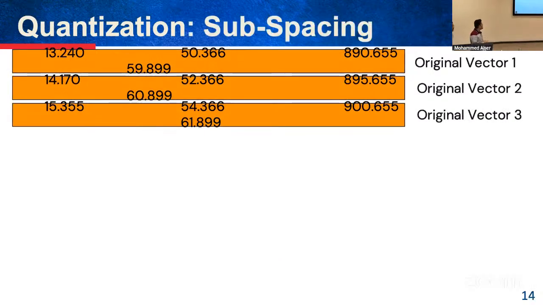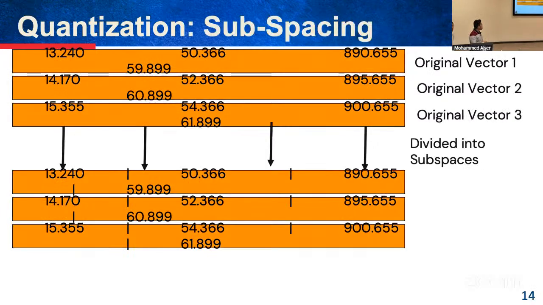Go next. So what can we do? We can use quantization with subspacing. For example, we can divide each vector into m parts based on the value we want. If m equals 4, then each vector has 4 parts.